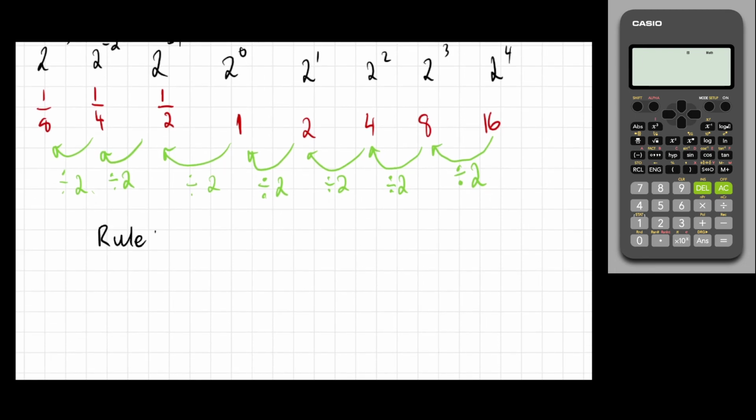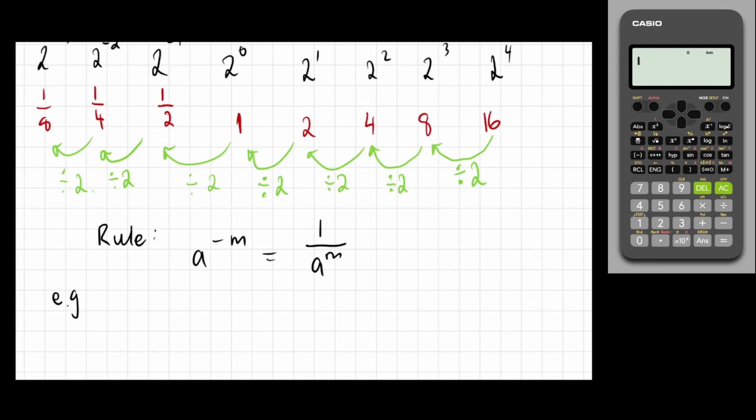So the rule for negative indices is, if you have a to the power of some negative indice, then it's just equal to 1 over whatever that number or letter is to the positive indice. For example, if we had 3 to the power of negative 2, then this is the same as 1 over 3 to the positive 2.